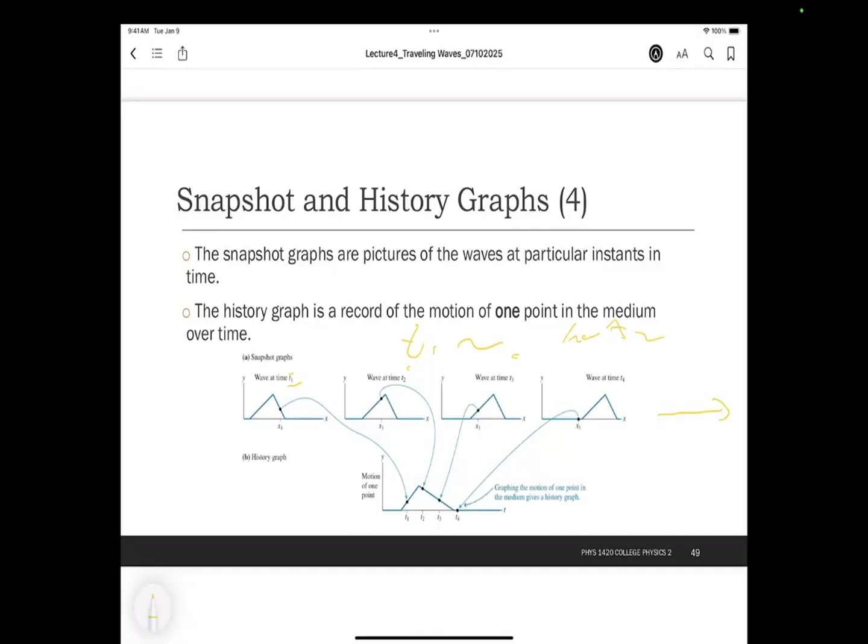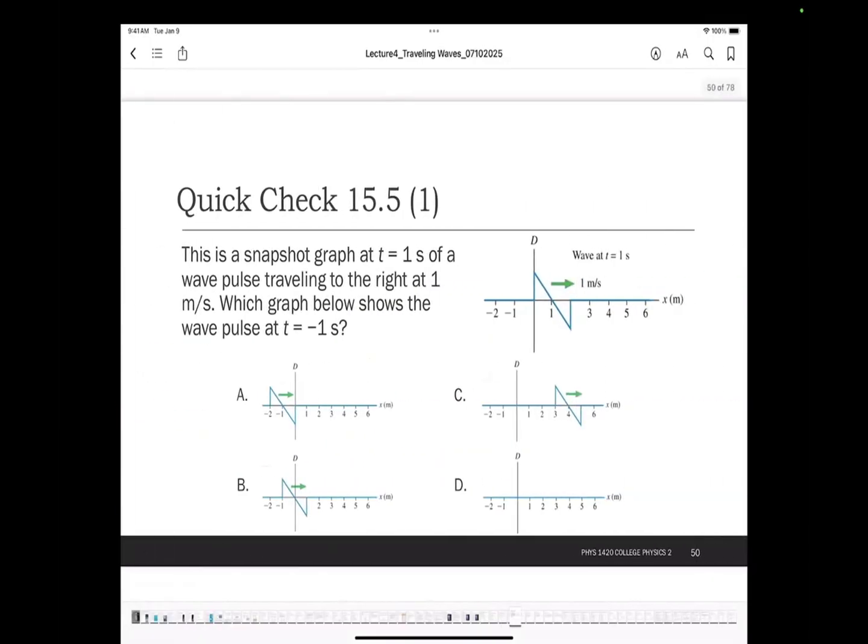Okay. Let's see some quick check questions. This is a snapshot graphic at 1 second of a wave pulse traveling to the right at 1 meter per second. Which graphic below shows the wave pulse at -1 seconds?